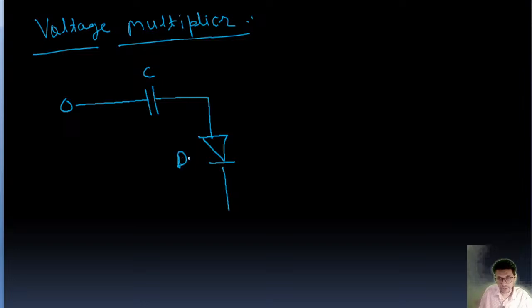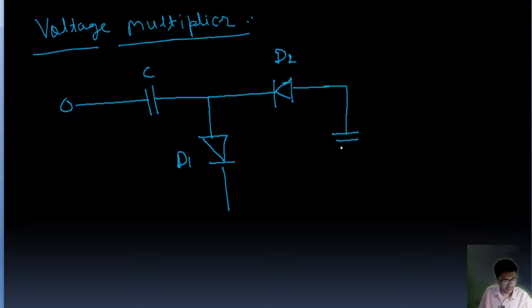And then we have another diode, that is D2. Then this is the capacitor.